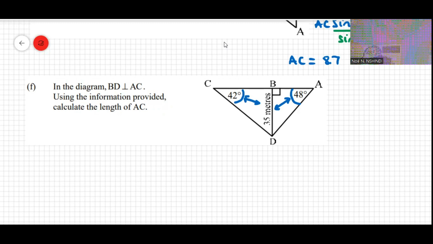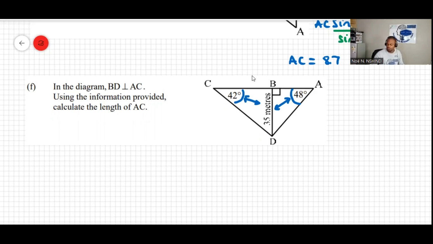Now, we can use, not the sine formula, but the cos formula to find the adjacent side. Because if we know BA and we also know BC, we can find AC.